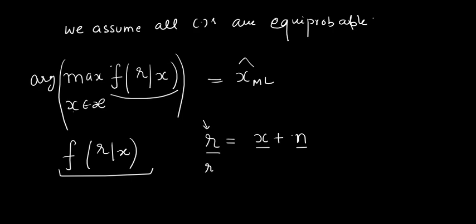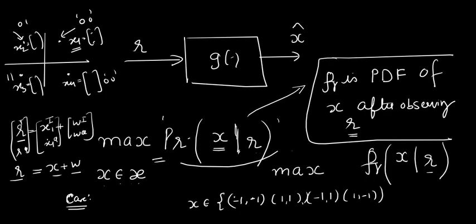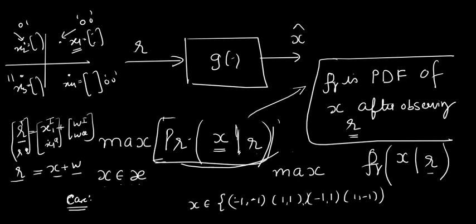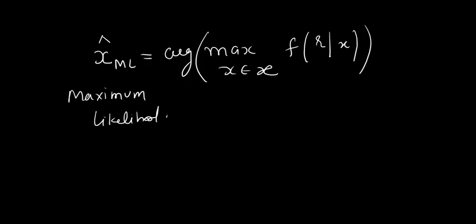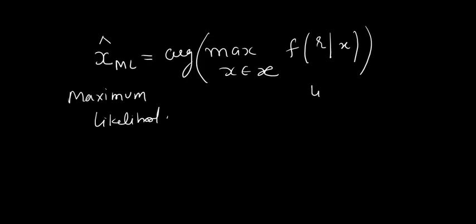So if you have studied signal processing or statistical signal processing, tell me what is F of R given X. No, no, that we have already simplified; this we have simplified to this likelihood.